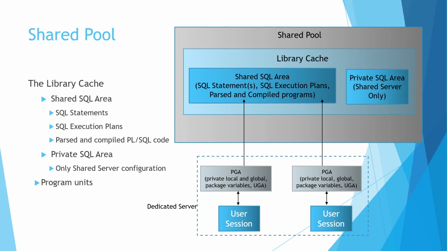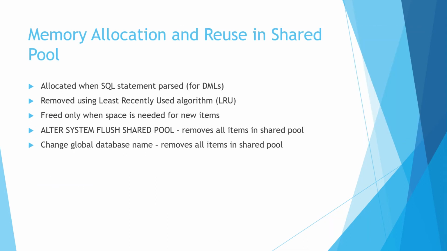In a shared server configuration, the library cache also contains private SQL areas of user sessions. The executable code which resides in the library cache comprises PL SQL programs and Java classes and is referred to as program units. Shared pool memory is allocated when a SQL statement such as an insert, update, or delete is parsed.